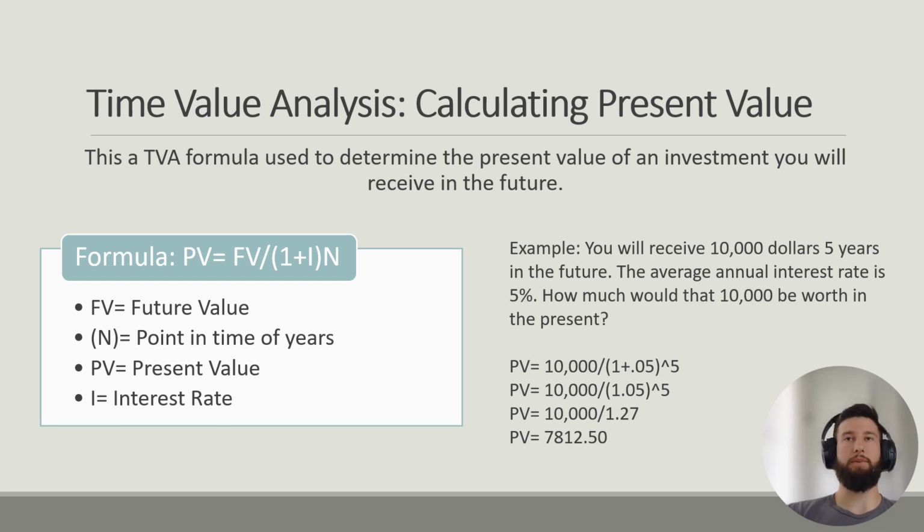Next up, we're going to be talking about calculating present value. We'll be using this discounting method and be able to determine the present value of an investment that is due to be received in the future. The formula is similar to the future value formula, except it's kind of reversed. So we have PV equals future value, and instead of multiplying, this is going to be dividing by (1 plus i) to the n, where n is the number of years.